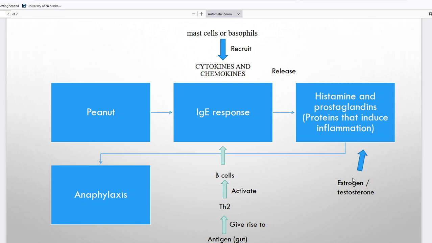Sex determines the hormones we are going to get in our system, right? It's going to affect how the protein that induces inflammation is going to work. And all these processes ultimately affects our risk for anaphylaxis.